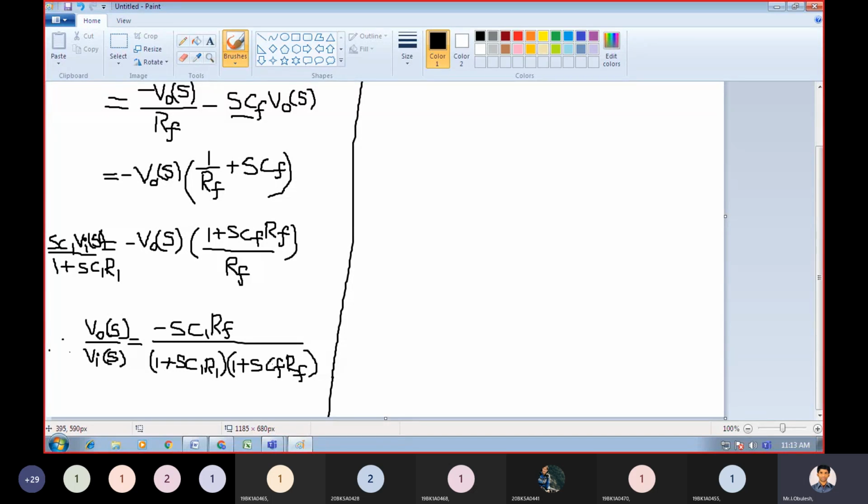So this is the voltage gain of the practical differentiator.